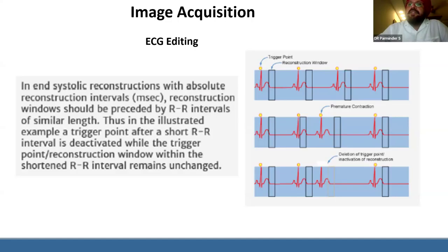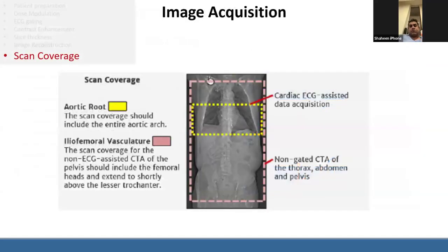For example, if there is a premature contraction, the data which we include in reconstruction can be excluded. Similarly, if there are short RR intervals, that data can also be excluded. So we need data which is the systolic data and which is acquired or reconstructed at regular heart rates so that artifacts can be avoided.